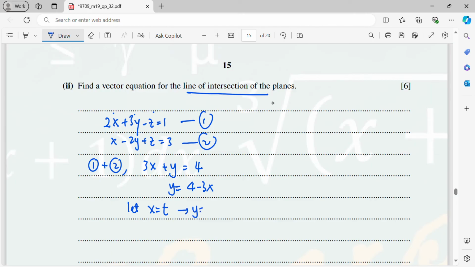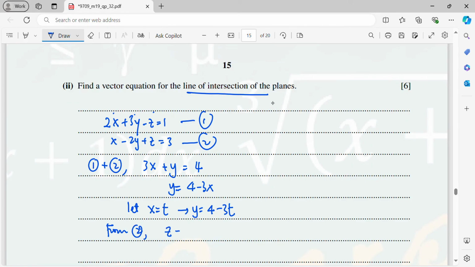So my y will be 4 minus 3t. Then with these two x and y, I can just substitute into the other equation to find another unknown, which is z. So you can substitute into the first equation, no problem.